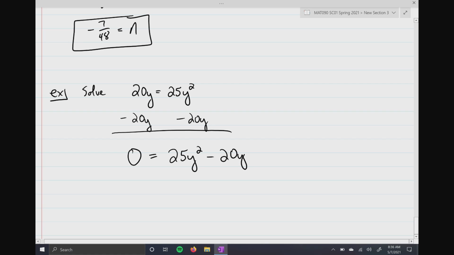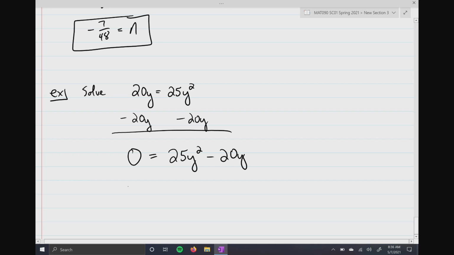Now, the reason why I chose to move the 20y instead of the 25y squared is because the 25y squared on the right is already positive. So I'm just going to leave it there. I'm going to bring everything to that side. That's just the easiest. If the 25y squared was negative, like negative 25, I would have moved that to make it positive. All right?